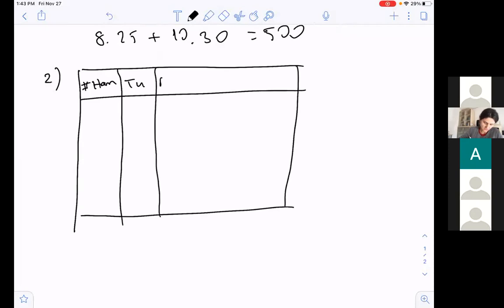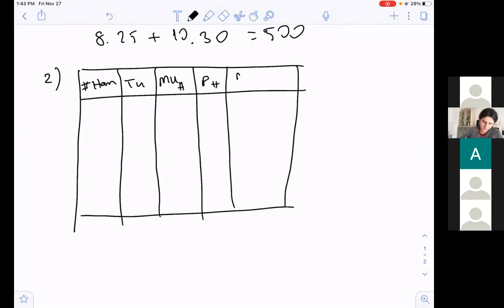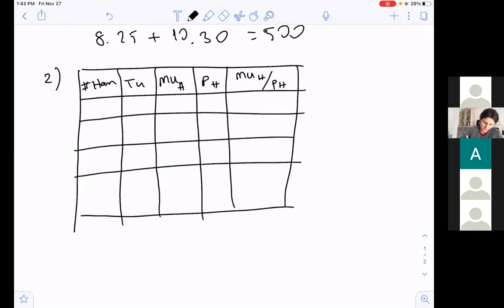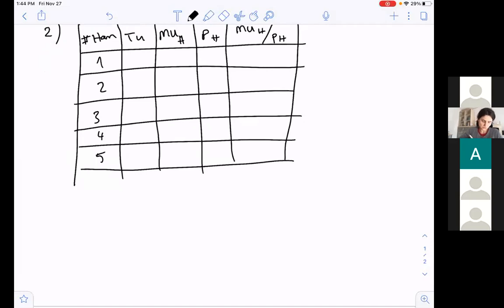You are gonna have marginal utility from hamburger, price of hamburger, and finally marginal utility of hamburger divided by price of hamburger. We are gonna have 1, 2, 3, 4, 5. Total utility is 30, 54, 63, 69, and 72. Price is given: 3, 3, 3, 3, 3.